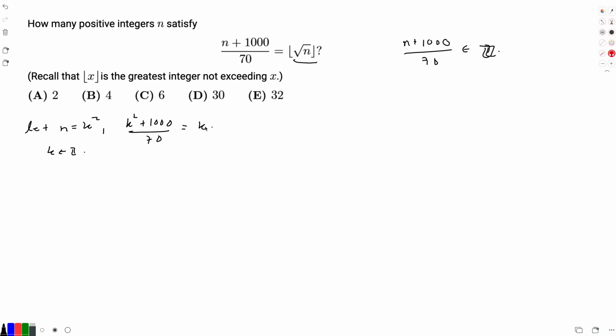Multiplying both sides by 70 and bringing the 70k over gives us k squared minus 70k plus 1000 equals 0. This factors as (k minus 50) times (k minus 20) equals 0. So k equals 50 or 20.